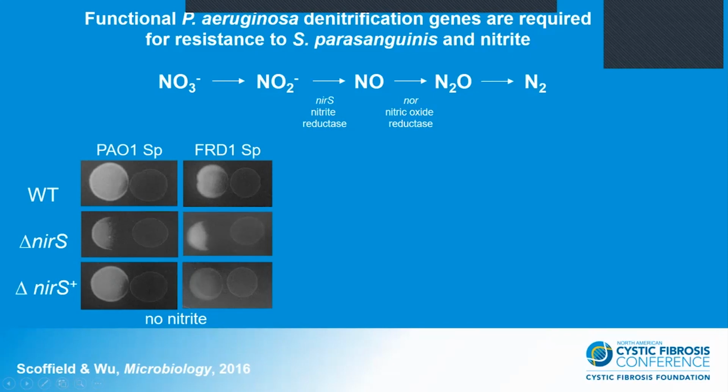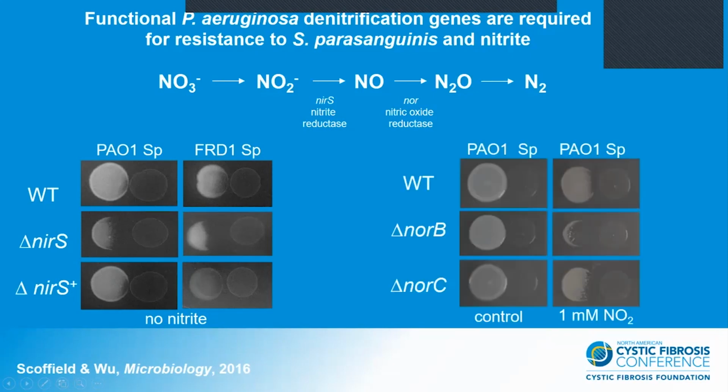And so next we tested whether two different nitric oxide reductase genes had any involvement. So we tested mutants in NOR-B and NOR-C in the PA1 background. And so in our control media, where we don't have any nitrite, we didn't see any inhibition.